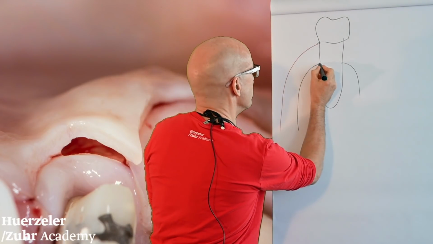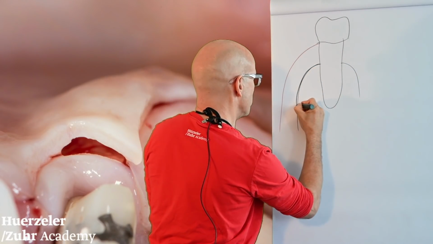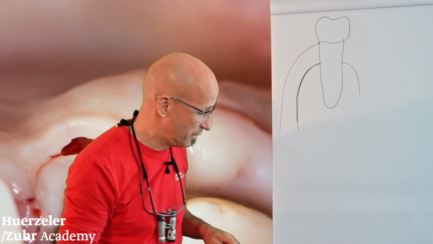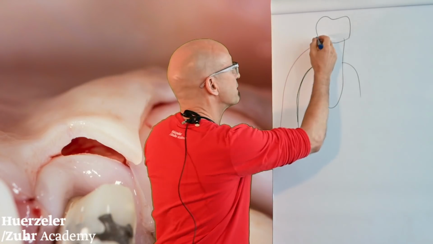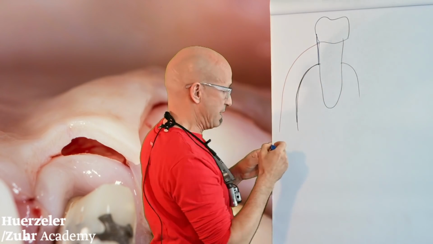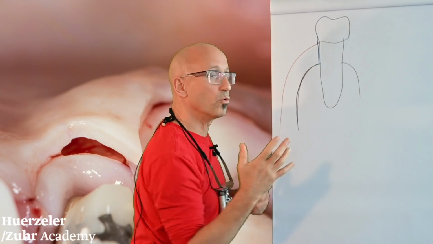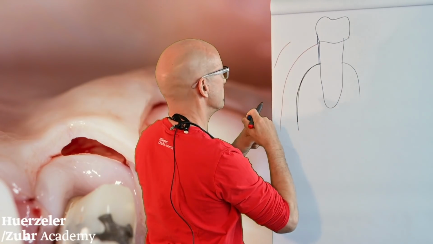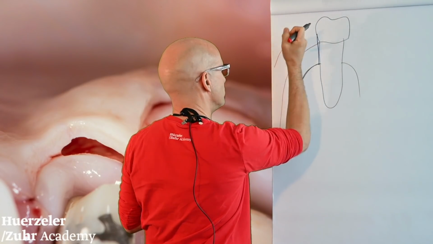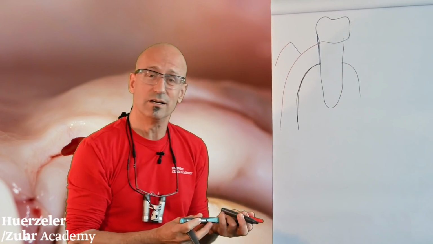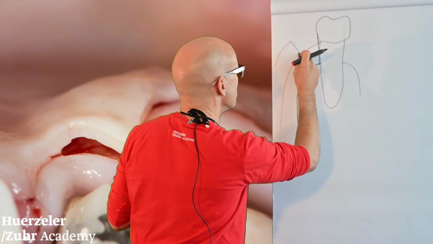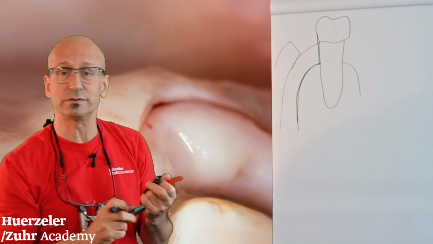So we have here the periosteum on the bone, and the easiest flap design to perform for every clinician is to do a sulcular incision here and then open a so-called full thickness flap, which includes the periosteum. This is the classical full thickness flap we most of the time use when we perform surgery around teeth.